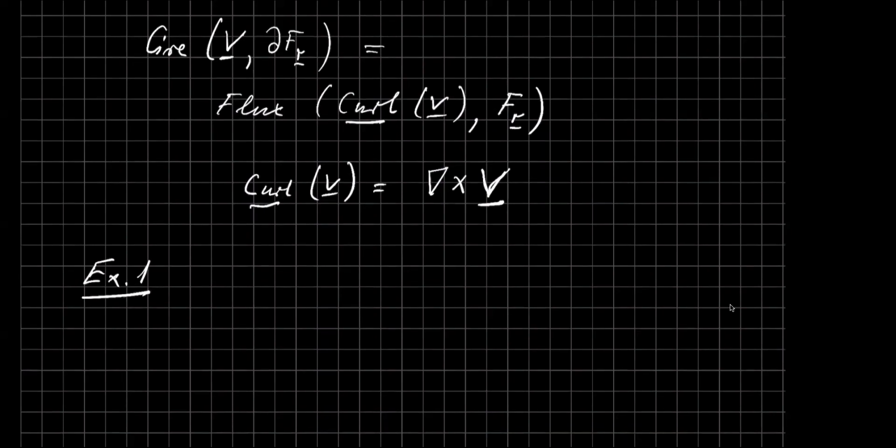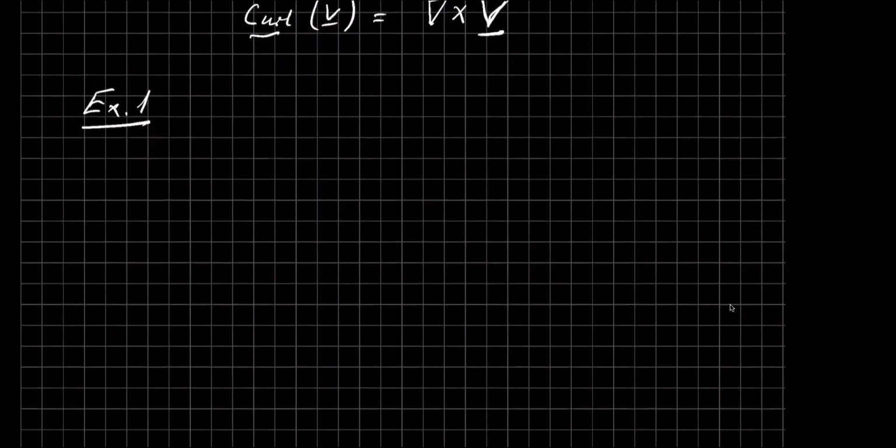It's an example on Stokes. But let's see, we have here our surface, and it's a simple surface. It runs from 1 to 3 in the y direction, and it runs from 1 to 3 in the x direction.